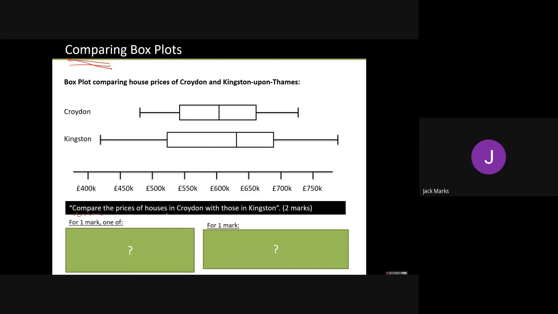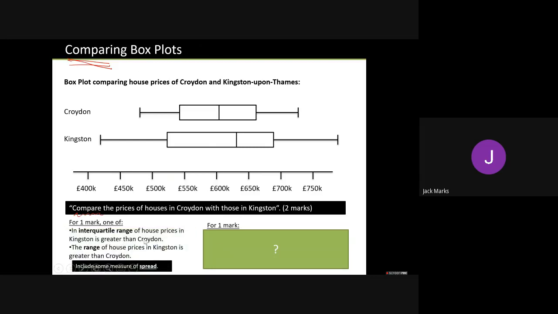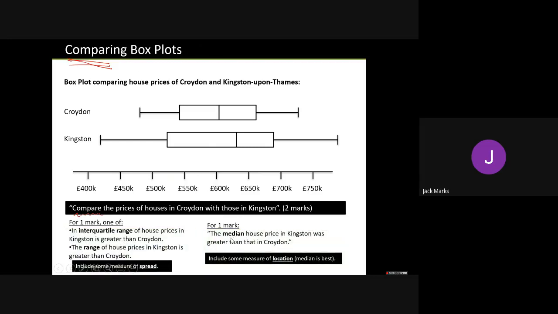Comparing distributions on box plots, okay, generally you want to go for the two keywords in chapter 2, which is location and spread. So if we're talking about location, you might use median. Median is sort of the average, so a comparison of the median points.